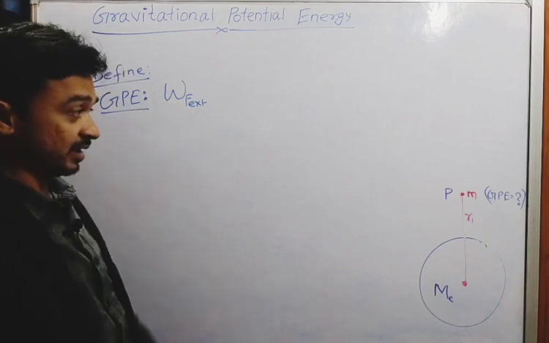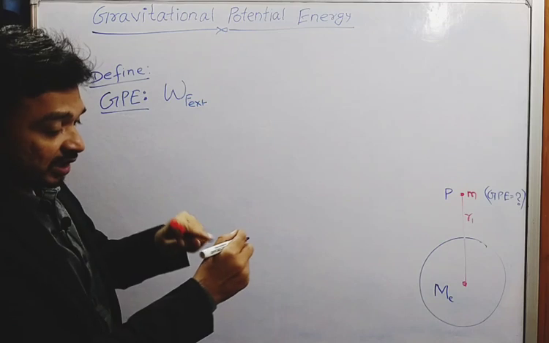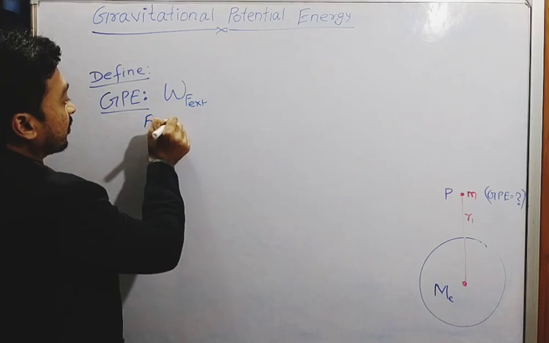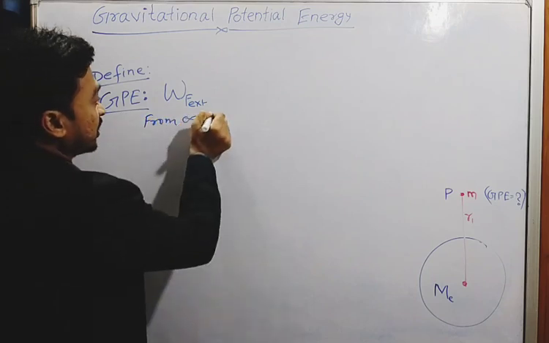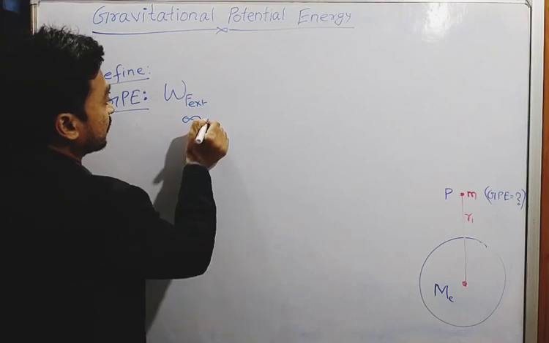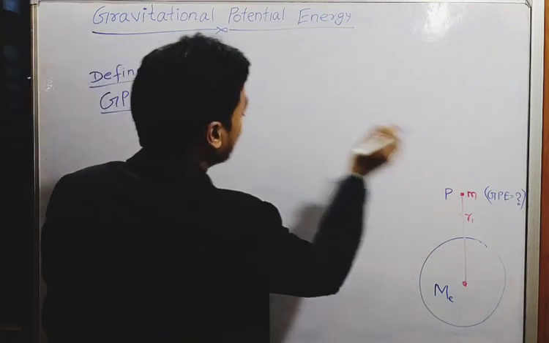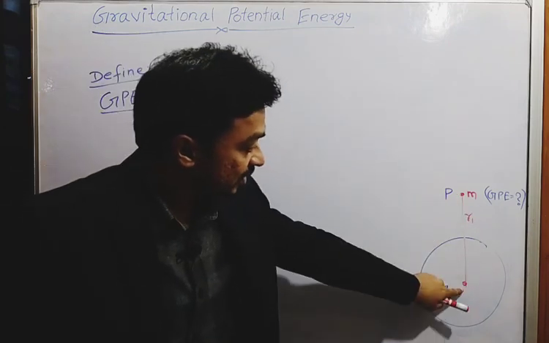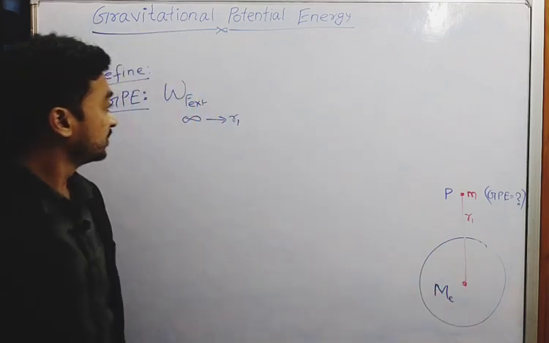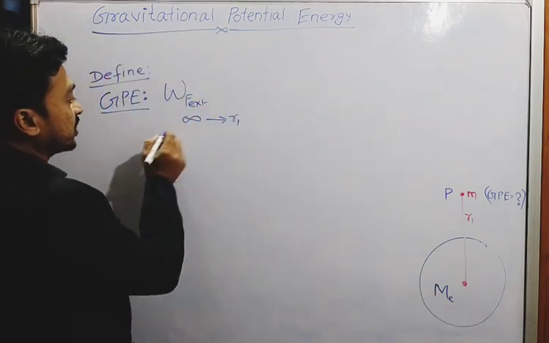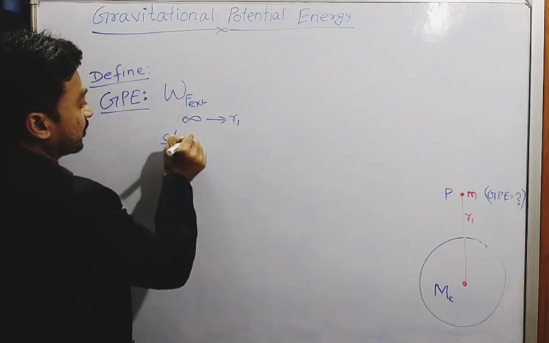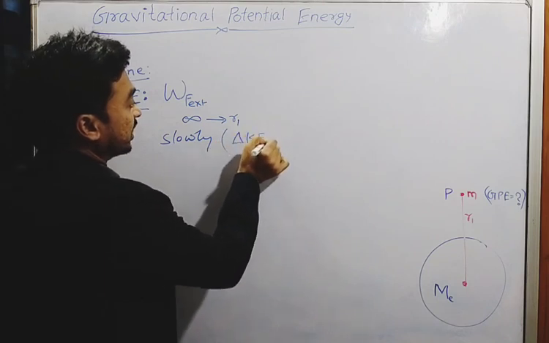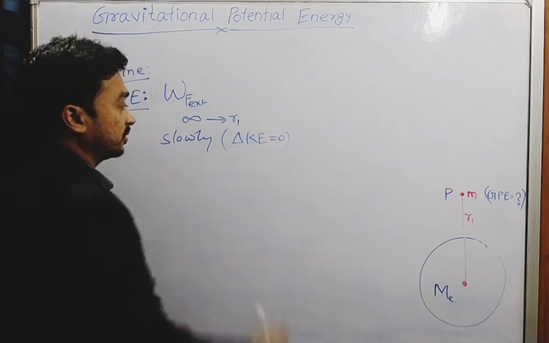Work done by external force on the object in bringing it from infinity to any point P. Let's say this point has a position R1 with respect to center of Earth. Slowly, or without gaining any kind of kinetic energy. That means change in kinetic energy is zero.